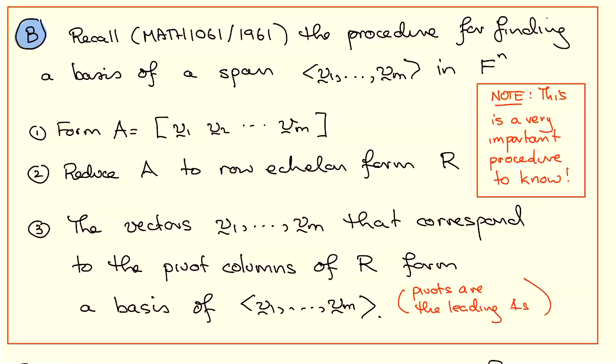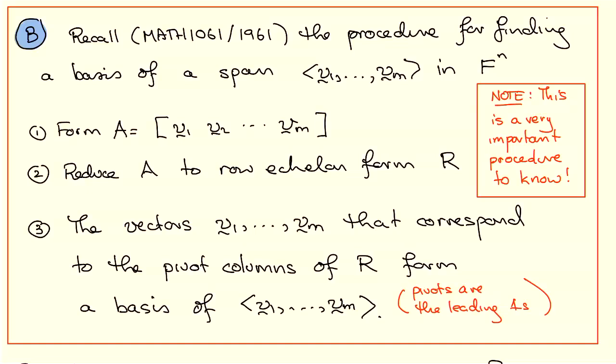But for now, I'm just recalling from 1061. Reduce A to row echelon form. You look at the columns in your row echelon form. You can go reduced if you like, but just row echelon form is enough. Find the columns in your row echelon form that have the pivots, those leading entries.